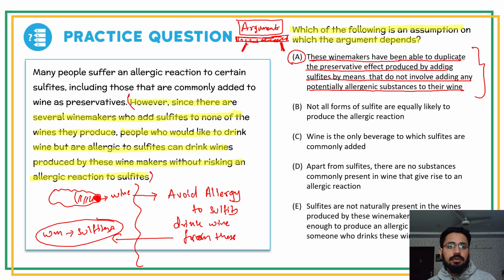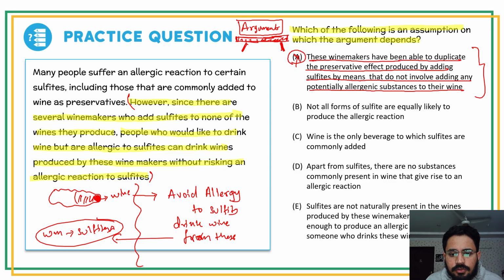So if I'm telling you that to avoid sulfite allergy you should drink wine from these people, and you try to undermine my argument and say that they are still adding allergenic substances, well, I would say that does not do anything to my argument. I was saving you from sulfite allergy, not just any allergic substance, right? So by assuming the opposite of option A, we can see that it does not make the argument drop. So the argument was not dependent on it, otherwise the argument would look bonkers.